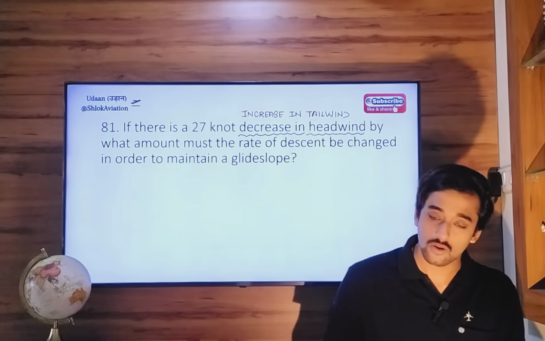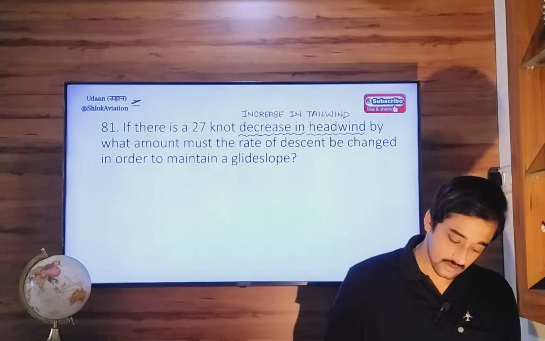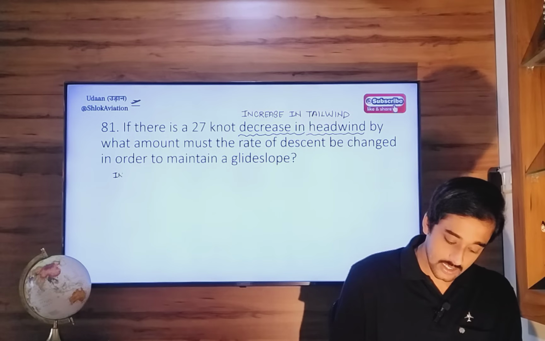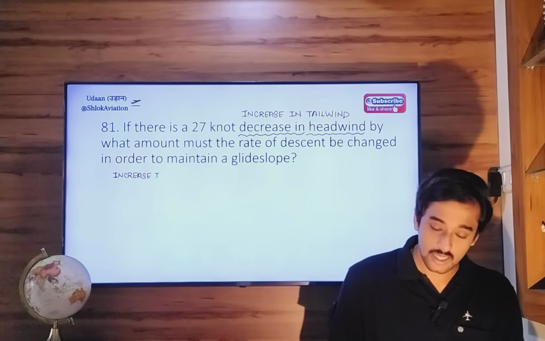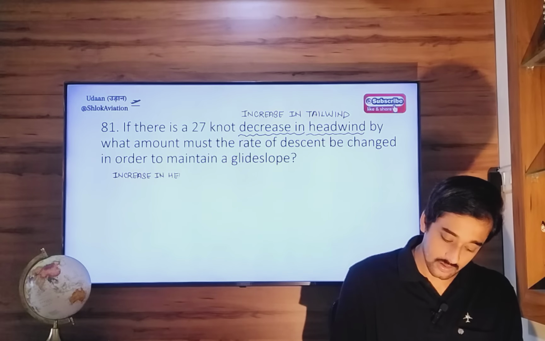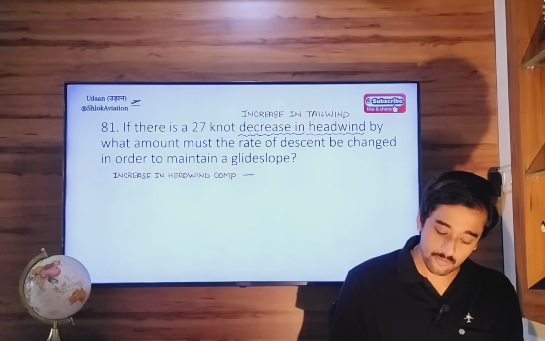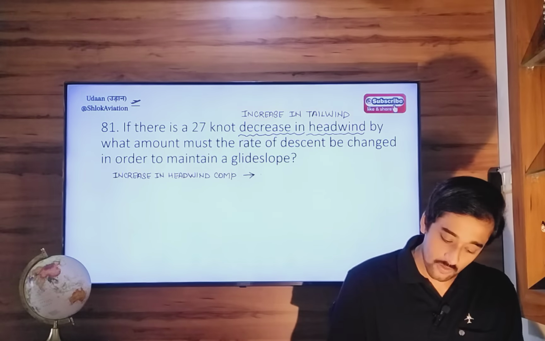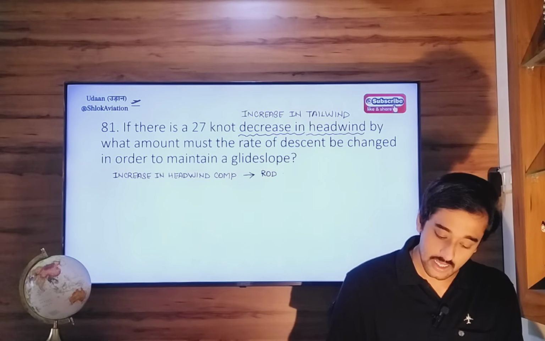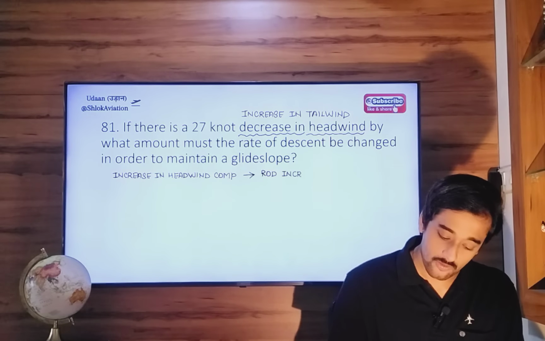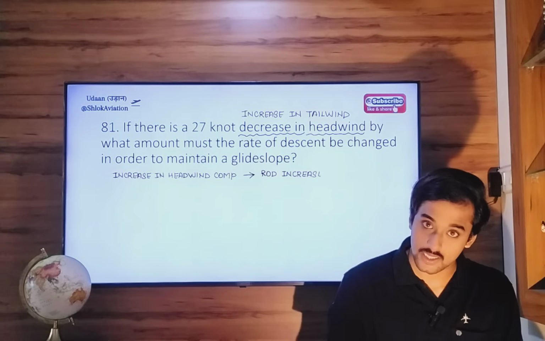Okay, so whenever there is an increase in headwind component, what happens? The rate of descent increases. Rate of descent increases.